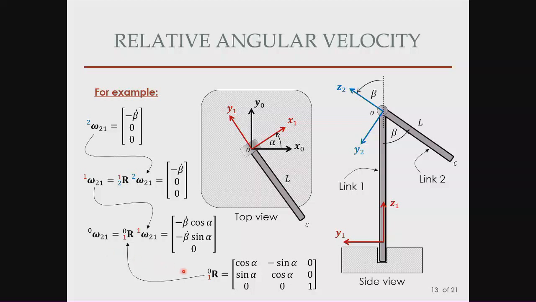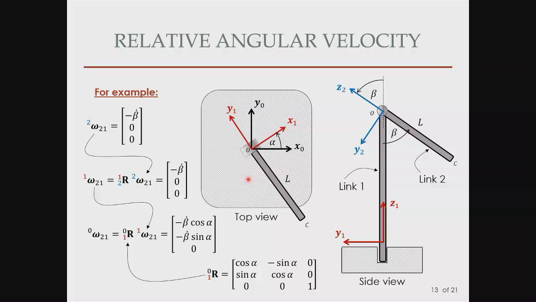You can see it has 2 non-zero components and 1 zero component. The 2 non-zero components are along x0 and y0, because if you think about the motion of link 2 relative to link 1, you don't take into account anything that happens about the z, because whatever happens in the z is just the link 1 motion.